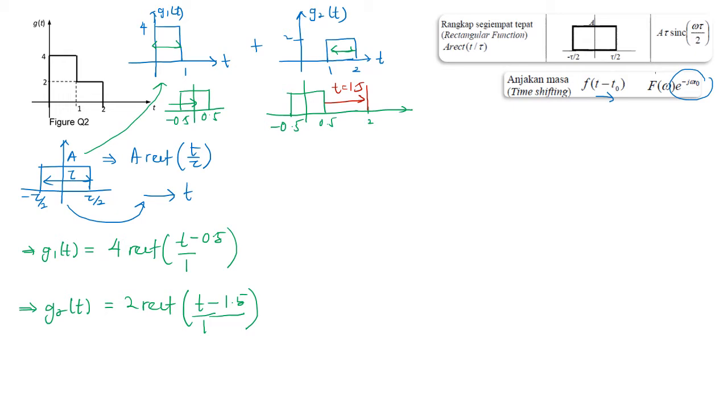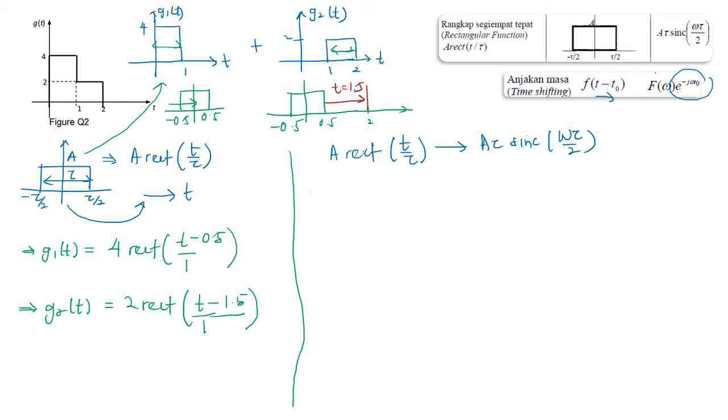Next, convert each of these into omega. For G1(omega), you know that A rect(t over tau) will produce A tau sinc(omega tau over 2).